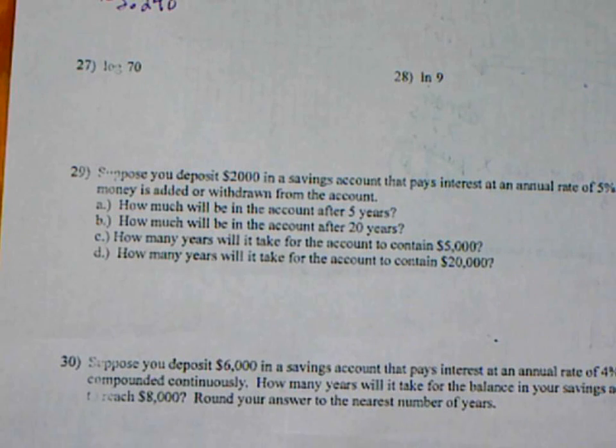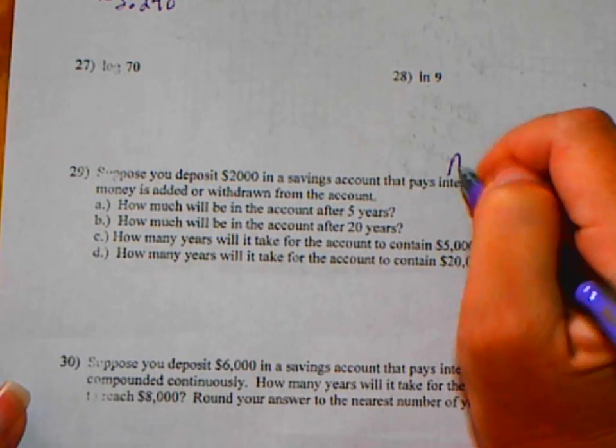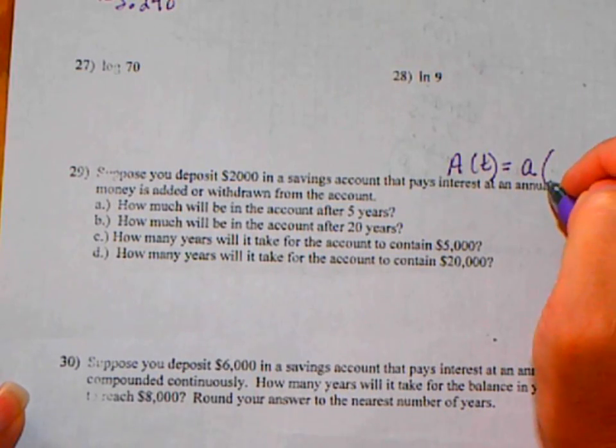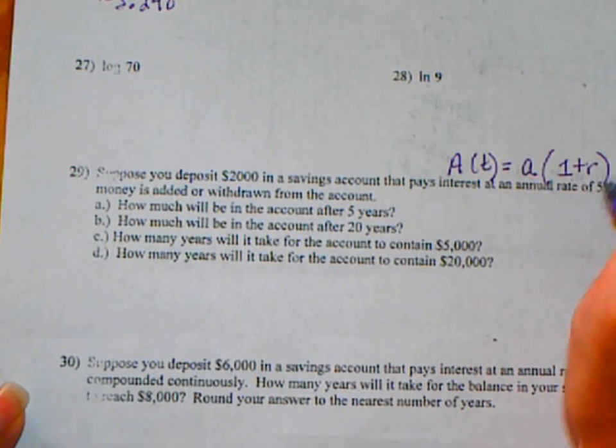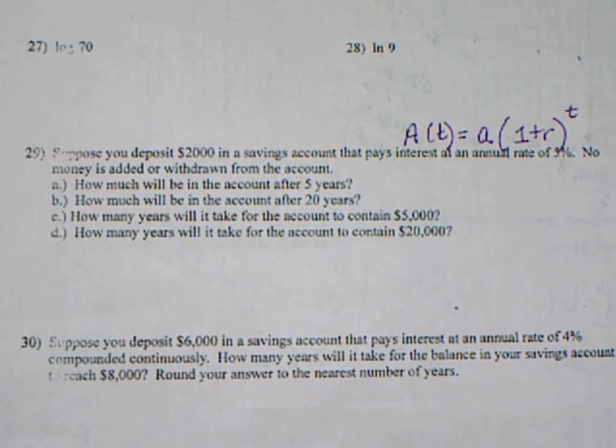We learned 2 different formulas. You have to know which one to use when. So for these problems, you're going to use A of t equals a, lowercase a, times 1 plus r, raised to the t. Don't forget your rate has to be in decimal form.